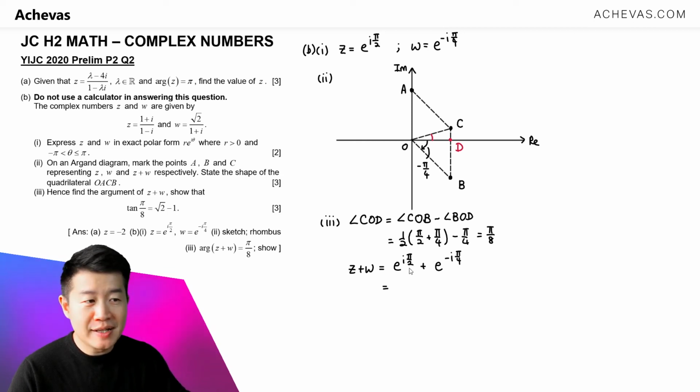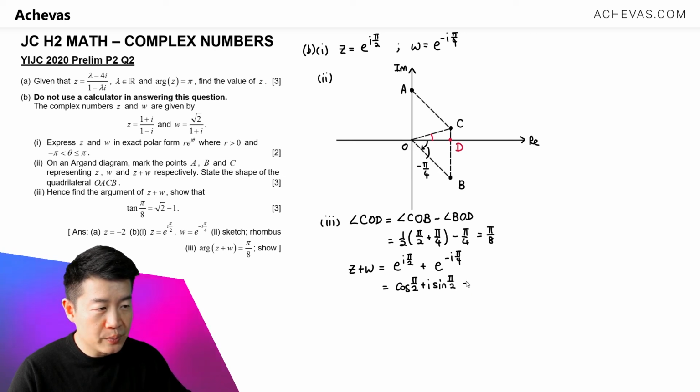Re-expressing this back into the Cartesian form, this will be cosine pi over 2 plus i sine pi over 2, plus cosine of minus pi over 4 plus i sine of minus pi over 4. Cosine pi over 2 is 0. Sine pi over 2 is 1.